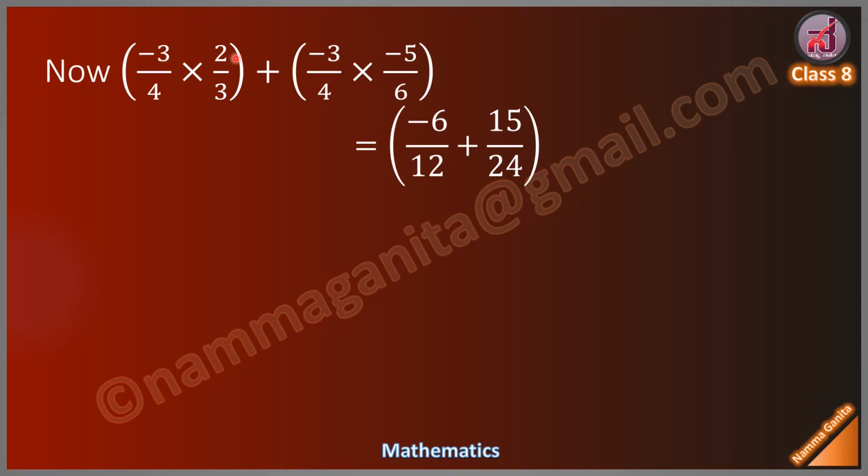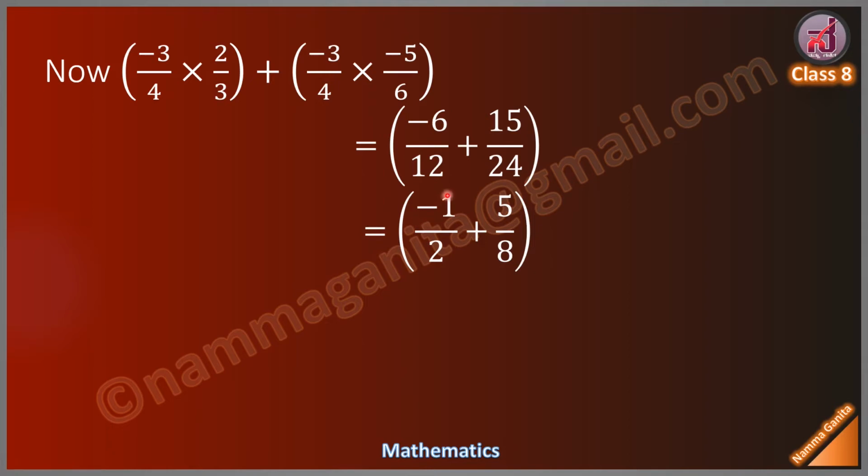Minus 3 into 2, it is minus 6, divided by 4 3s are 12. Put plus sign here. Minus 3 into minus 5, minus into minus plus, 3 5s are 15, divided by 6 4s are 24. 6 1s are 6, 6 2s are 12. 3 5s are 15, 3 8s are 24.